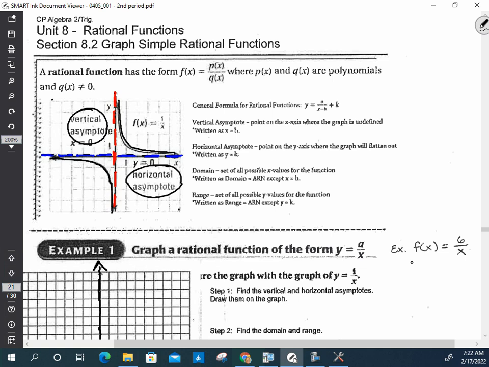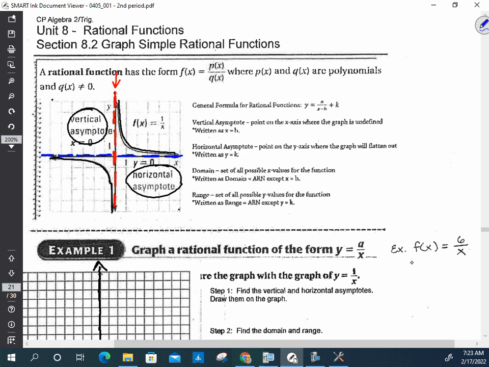The vertical asymptote is a vertical line where the graph is undefined, where the graph doesn't exist. This is the vertical line that you see in red. That vertical dotted line means that the graph cannot cross that line on the x-axis. The other dotted line is called the horizontal asymptote.